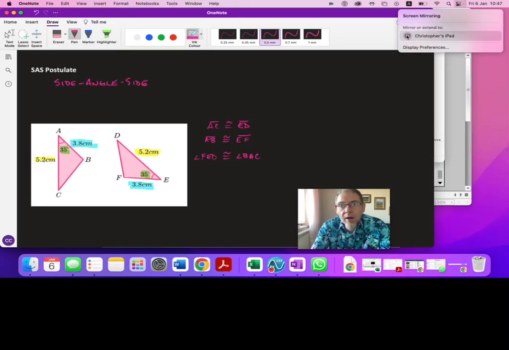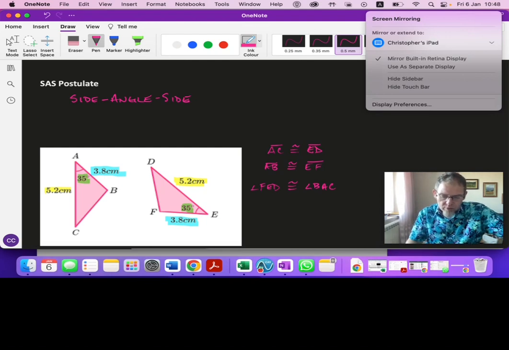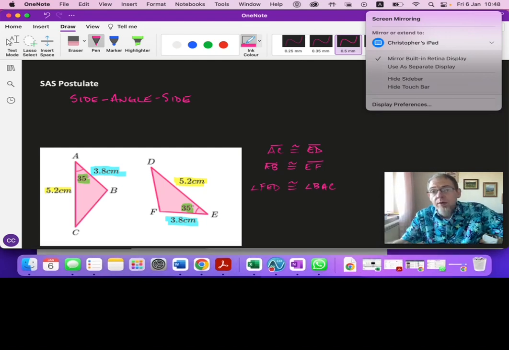Again, a really, really helpful postulate. It helps us figure out all sorts of things when it comes to just proving that two triangles are in fact congruent. We love that one.